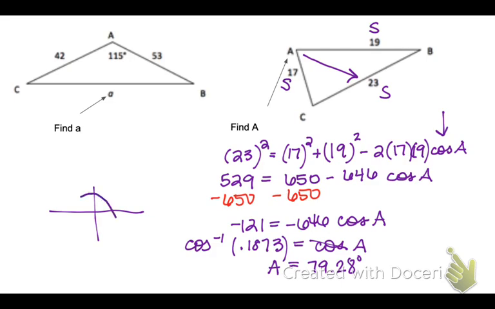It comes down across at 180. So it's not going to repeat in that interval of 0 to 180 degrees or 0 and pi. So we don't have to worry about an ambiguous case with law of cosines like we did for law of sines.